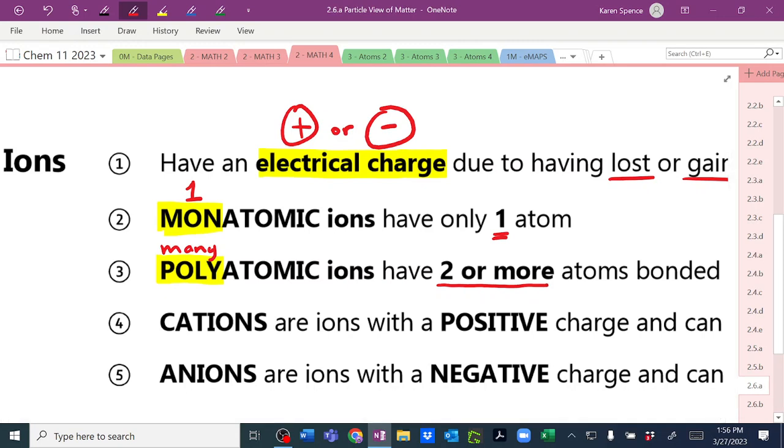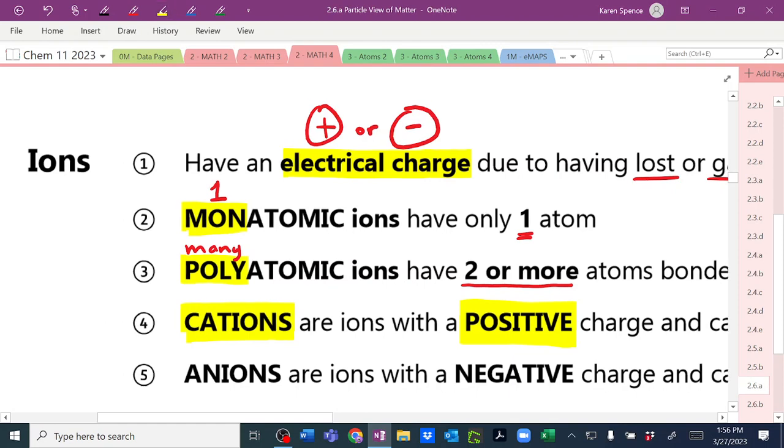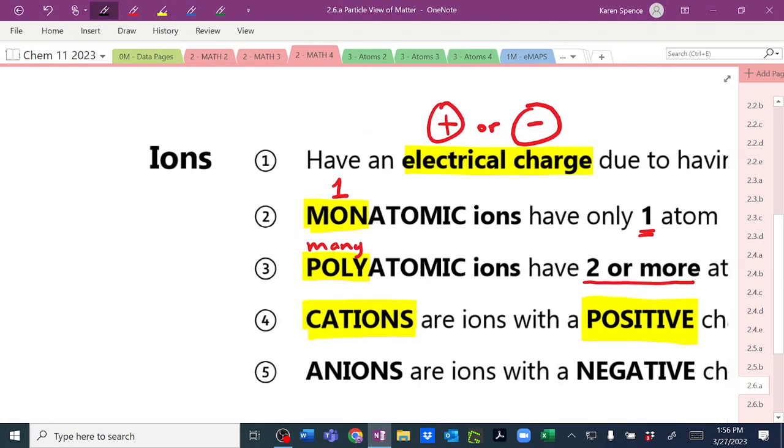Now, we know because it says here that cations have a positive charge. I would like you to tell your partner how you can remember that cations are the positive ones.